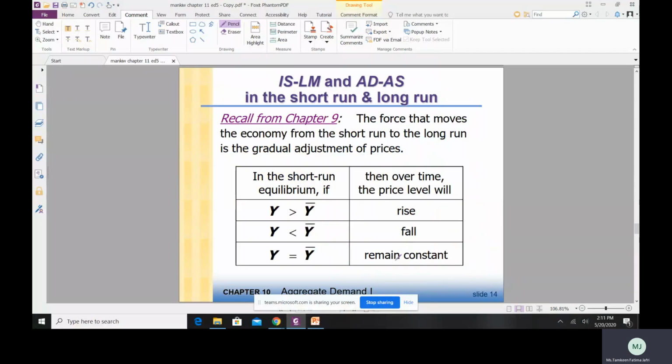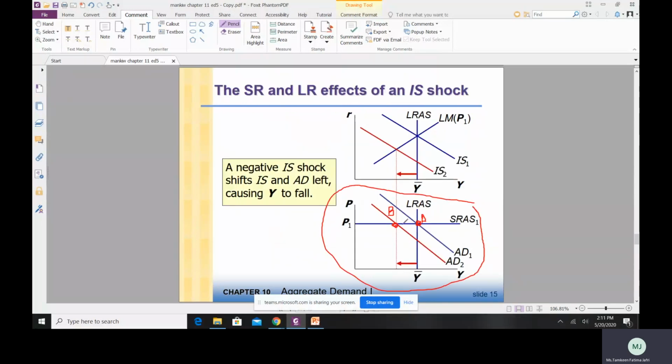Going back to this table here, you can see whenever y is less than y bar, this is going to result in prices falling over time. So this will put downward pressure on the prices. So prices will continue to fall until we reach our equilibrium C, which is called the long run equilibrium.